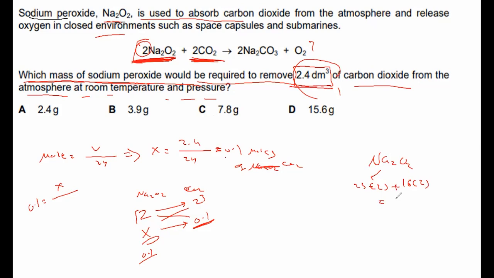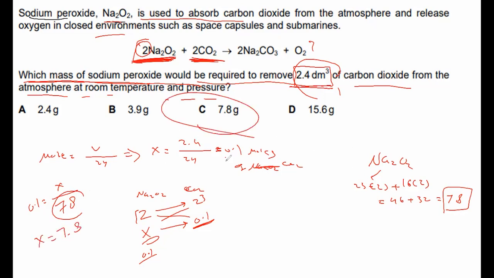This one will give us 46, and 46 plus 32 gives us 78. This is the molar mass. So here we have 78. X will be 7.8, which is C. Okay, so the question is over.